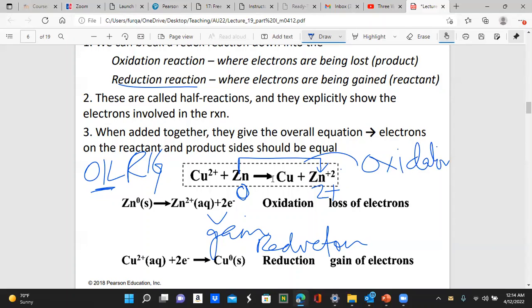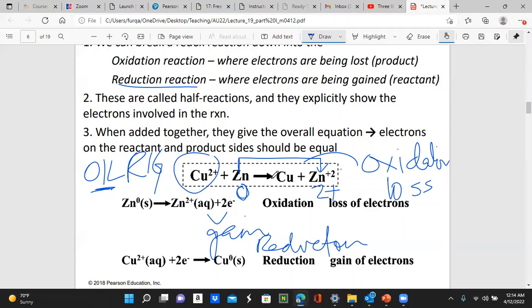Why? Because I see the loss from reactant to product side, zinc is losing 2 electrons. So loss of electrons means oxidation. So oxidation is happening on zinc. So zinc is a reducing agent because it is helping copper to be reduced, right?